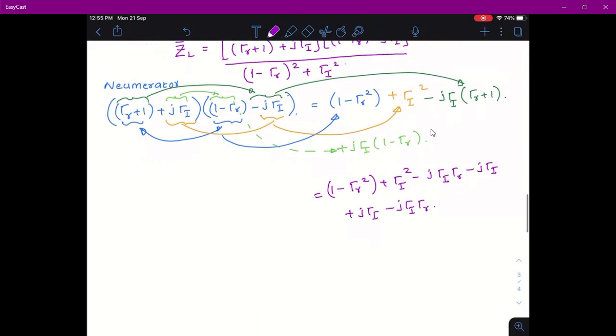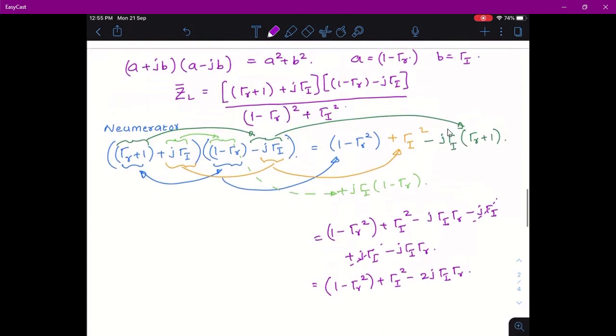Okay, and you see that minus j tau I and plus j tau I will get cancelled, and the rest will get added up, and you will get 1 minus tau r square plus tau I square minus 2j tau I tau r.